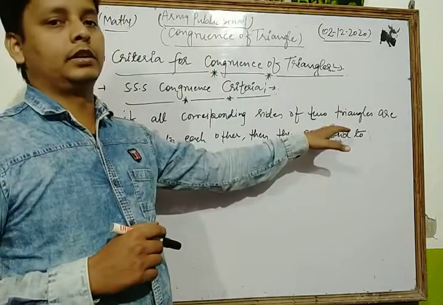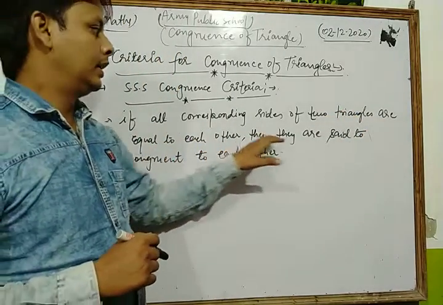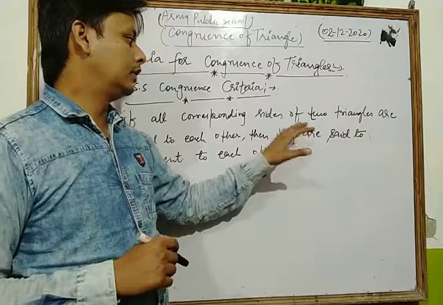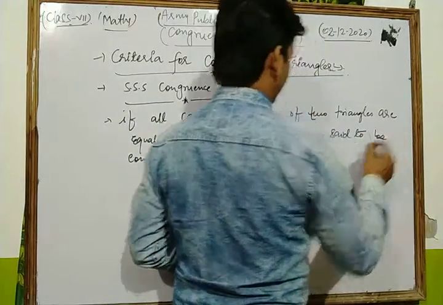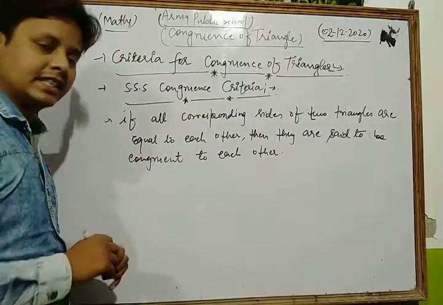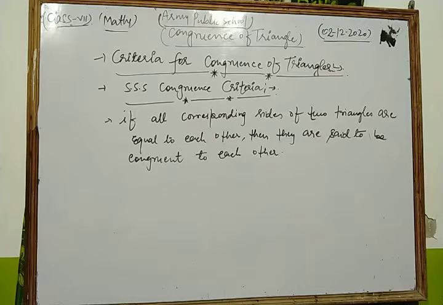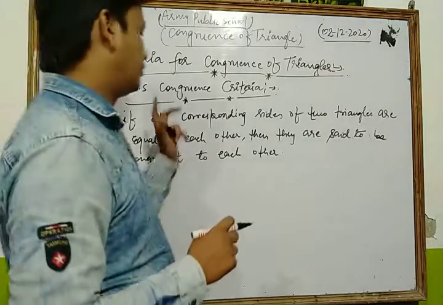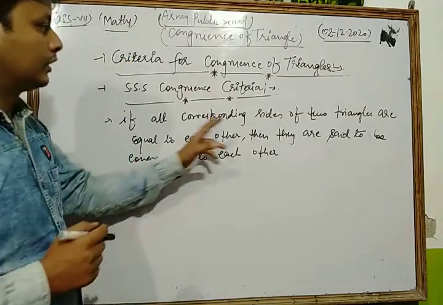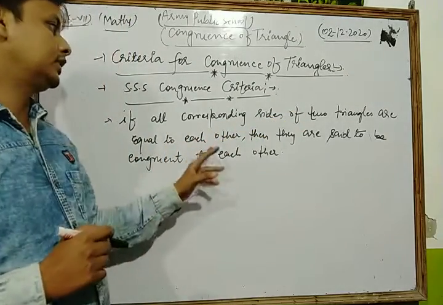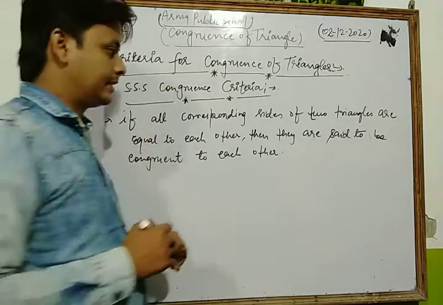This is one of the most important concepts of the side congruence criterion. If all corresponding sides of triangles are equal to each other, then they are congruent according to the SSS criterion.